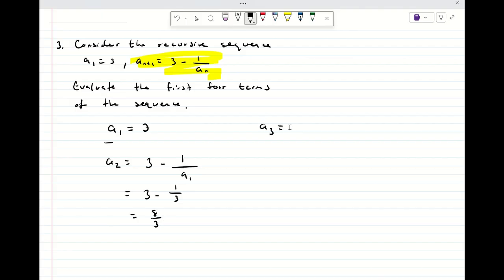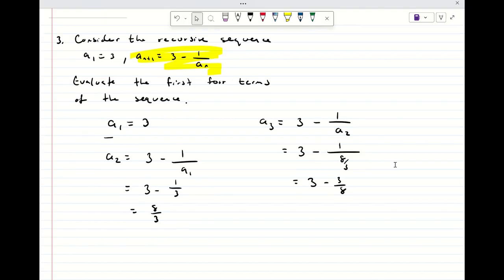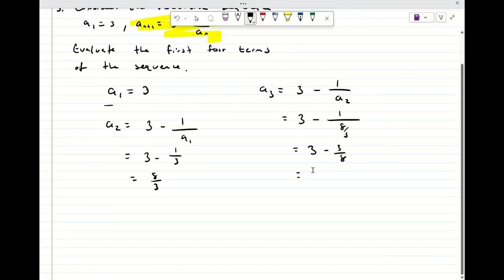For our third term, a of 3, we're going to use the formula 3 minus 1 over a of 2. So that's equal to 3 minus 1 over, our a of 2 is 8/3. And we can rewrite this as 3 minus 3 over 8, because this is really asking you to take the reciprocal of 8/3. So that's 21/8.